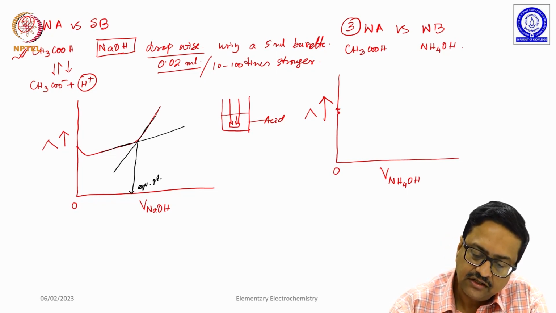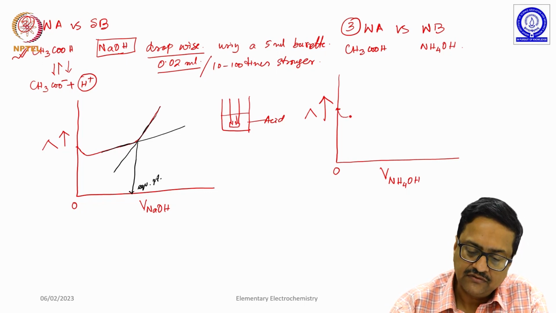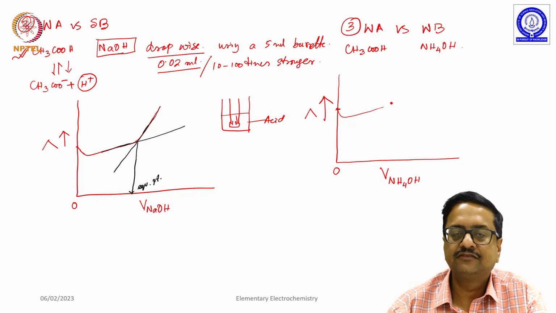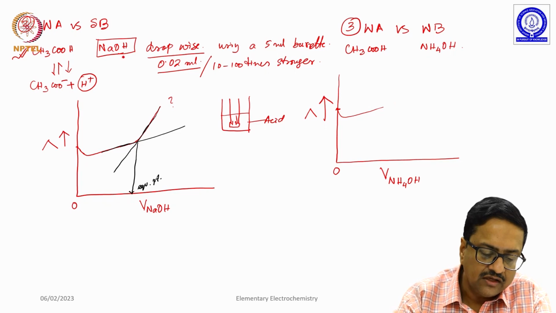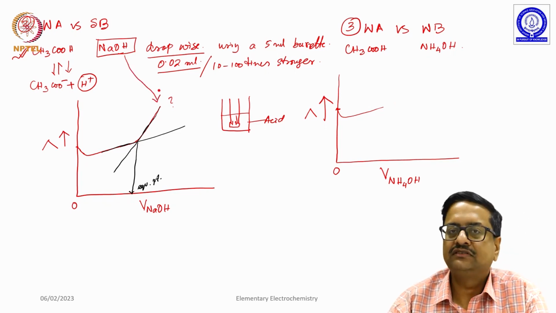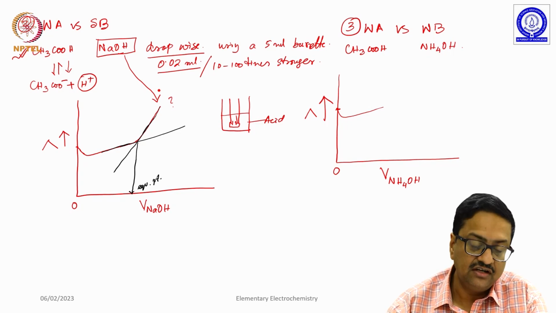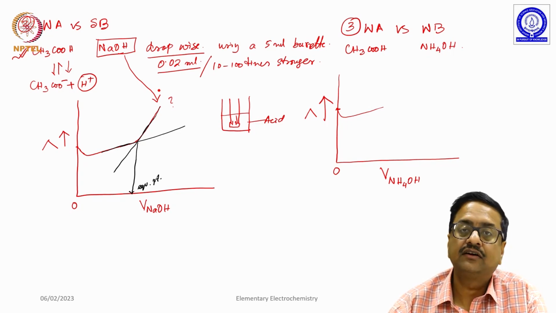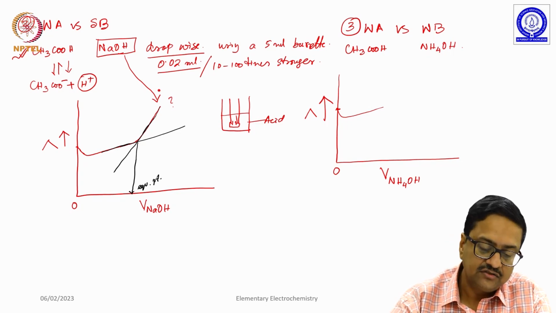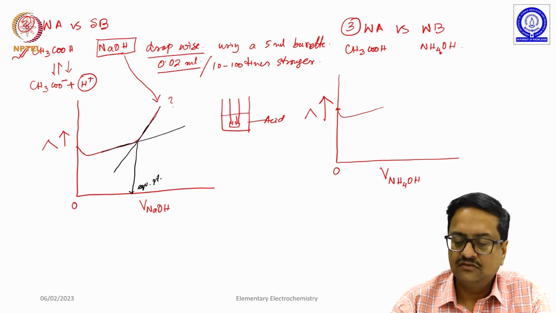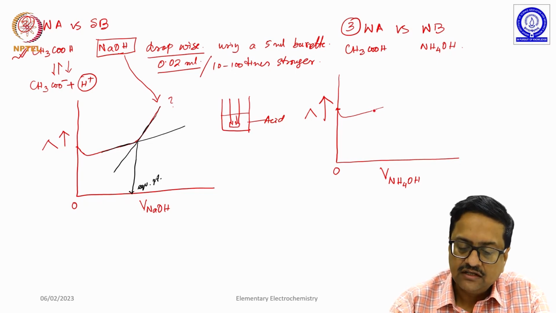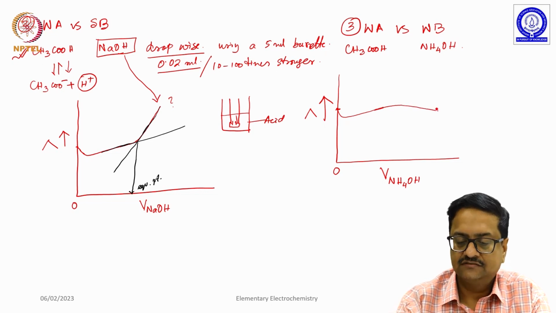Then initially the conductance will fall and then it will slowly increase, and beyond the equivalence point, what was happening here will not happen there, because there I was adding NaOH, which is already dissociated and increases the conductance of the solution significantly. So there was an increase in conductivity. Whereas NH4OH is not a strong electrolyte, it is again a weak electrolyte, so the conductivity will go like this.